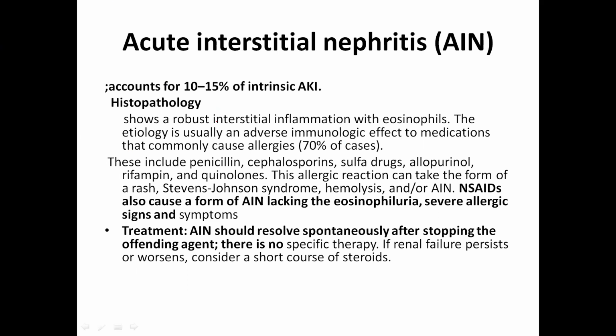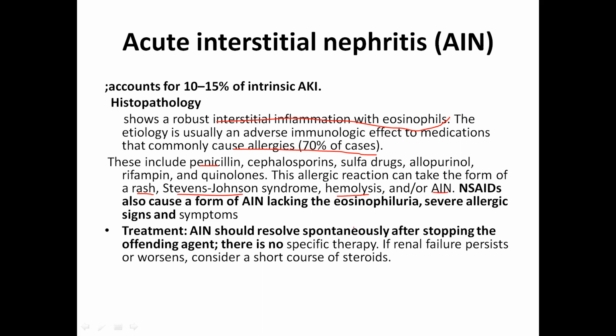The etiology is usually an adverse immunologic reaction to medication, causing allergies in 70% of cases, including penicillin and cephalosporin. Others include sulfa drugs, allopurinol, rifampin, and quinolones. This allergic reaction can take the form of rash, Stevens-Johnson syndrome, hemolysis, and or acute interstitial nephritis.